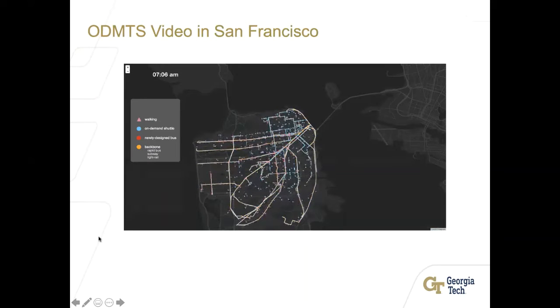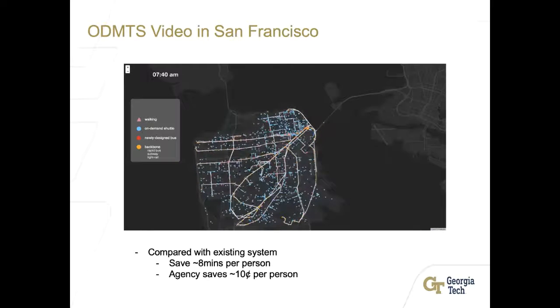They are the on-demand shuttles, and most of them are used to serve the first mile and the last mile. There are also a lot of pink dots moving slower in the system. These are people who are walking in the system. They walk because they are already really close to a train station or bus stop, so we don't need to assign any on-demand shuttles for them.